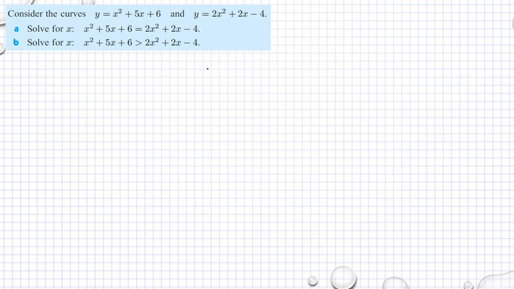We'll try that. We have x squared plus 5x plus 6 is equal to 2x squared plus 2x minus 4.